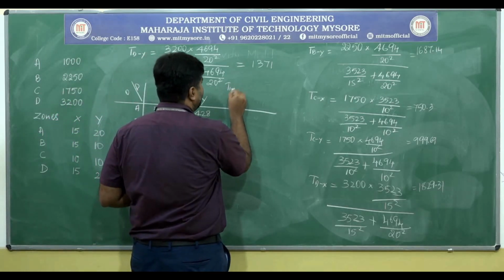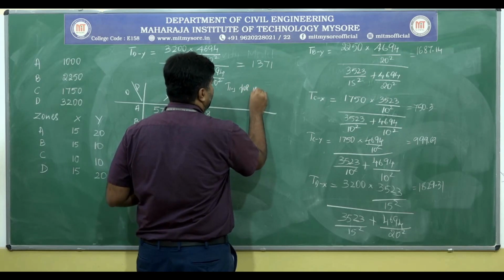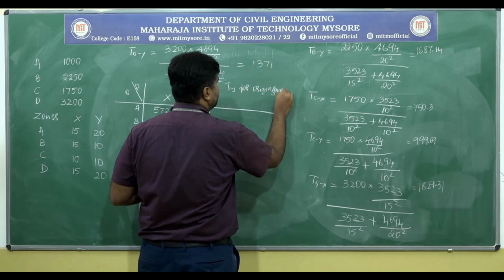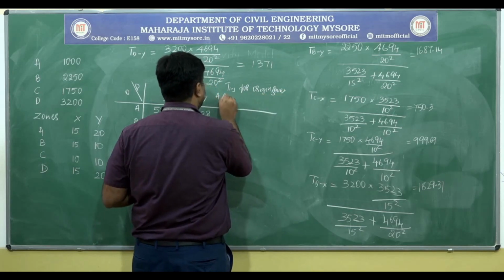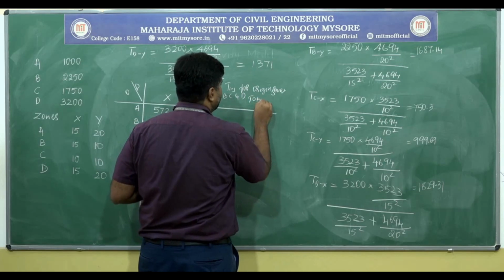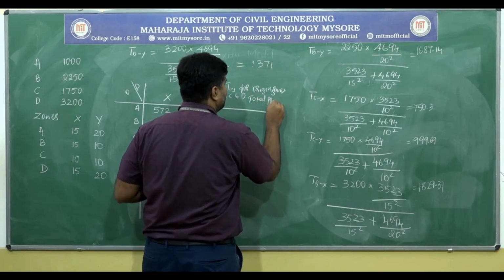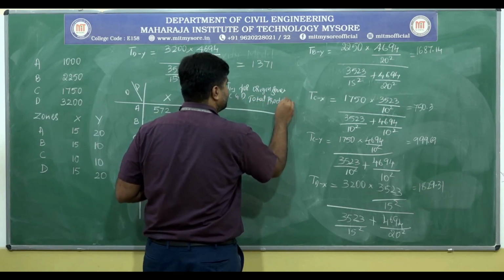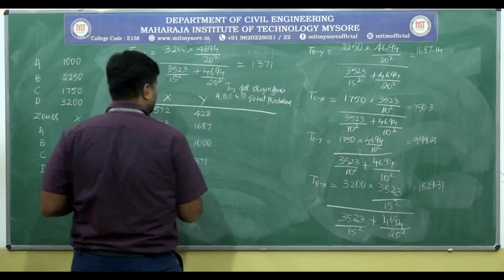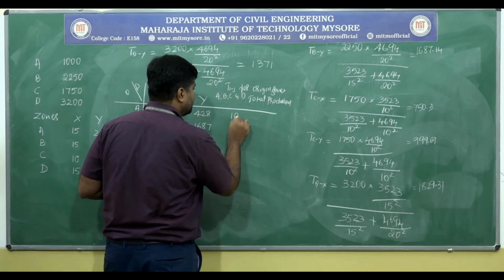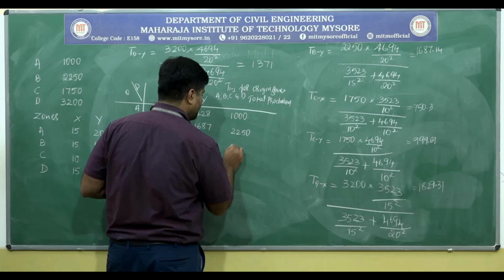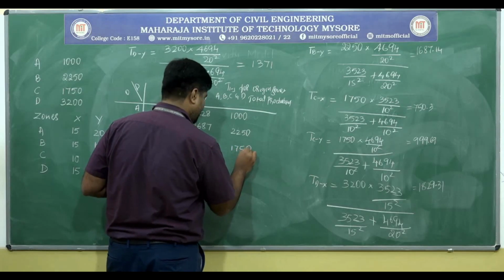Now Ti to Tj. Similarly, for origin zones A, B, C and D, the total productions, that is the total trip generation or production, we'll get 1000, 2250, 1750.